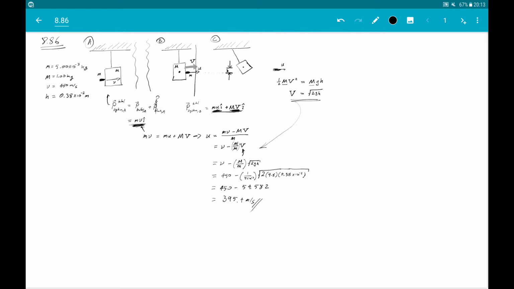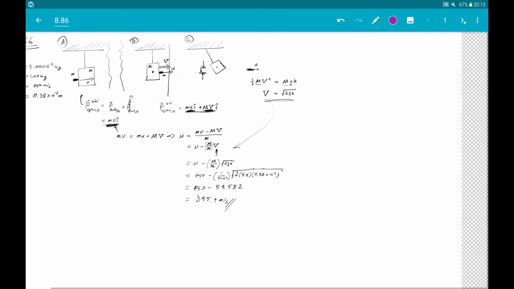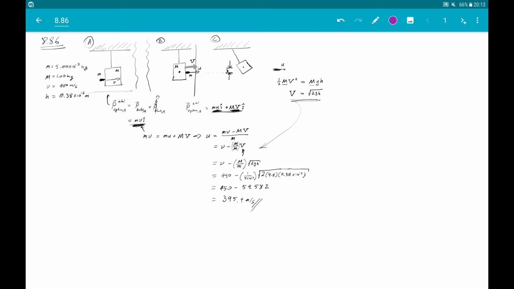Right, so to recap, we have three important states: right before the collision, right after the collision, and the block at its highest point. The collision happened in between the first two states. And then between B and C, there's energy conservation going on in the block.